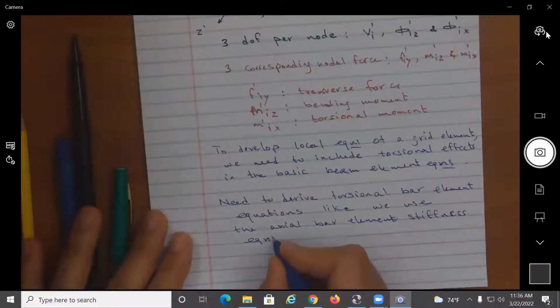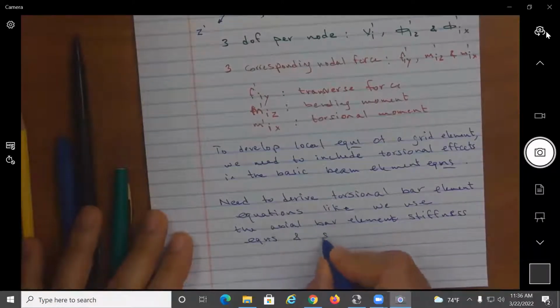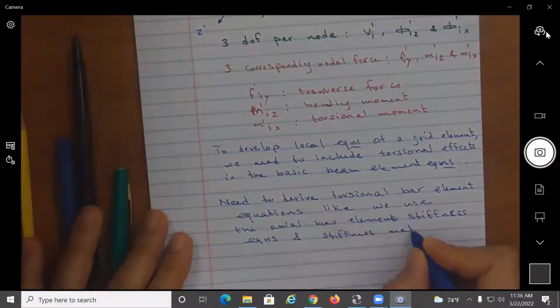Stiffness equations, of course, and stiffness matrix.